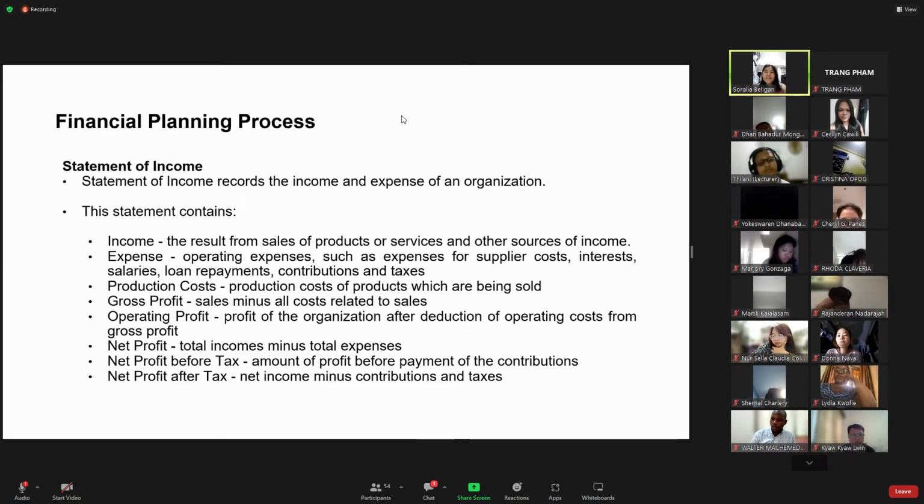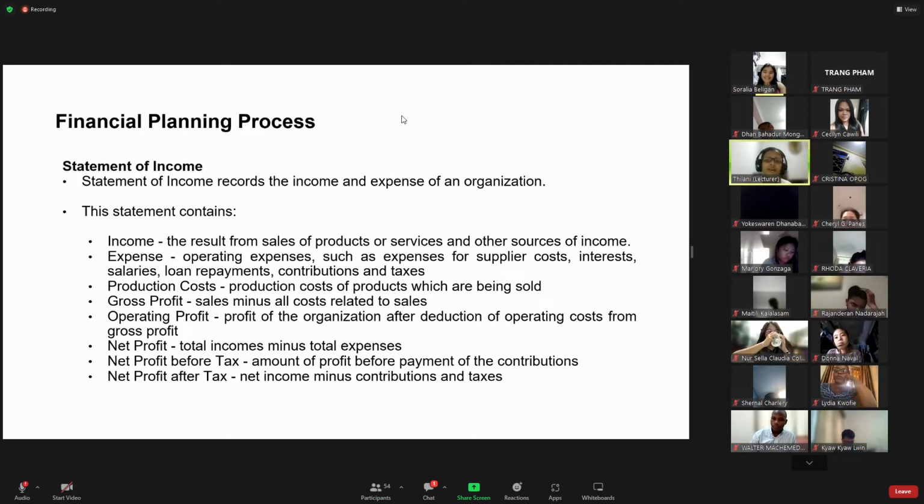So every detail must be recorded: who is the source, who gave it, the time, something like that. So the record must be in detail. So it's a statement because it's a really detailed report about the funds that come into the business. Yes, thank you. So these are the things which are there in a statement of income.